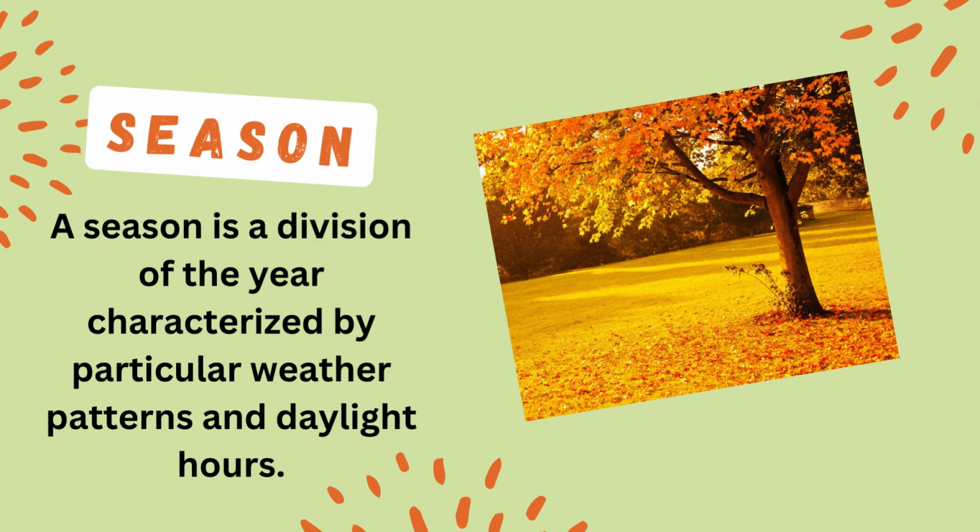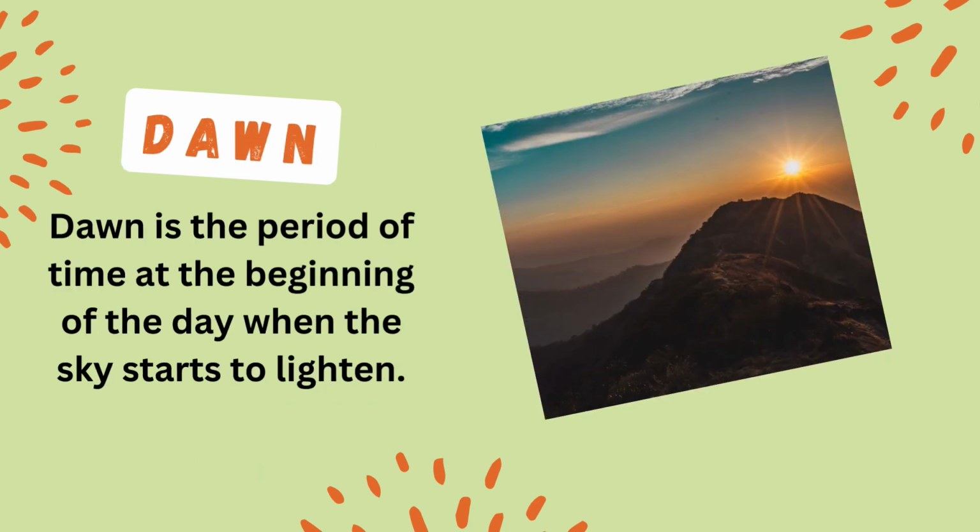A season is a division of the year, characterized by particular weather pattern and daylight hours. Dawn. Dawn is a period of time at the beginning of the day when the sky starts to lighten.